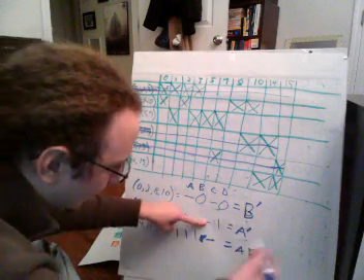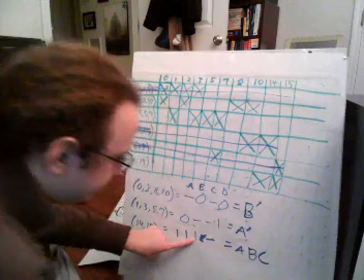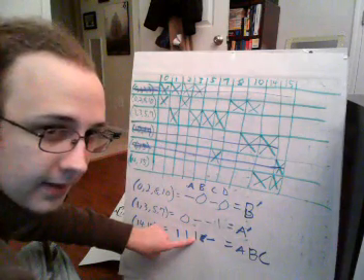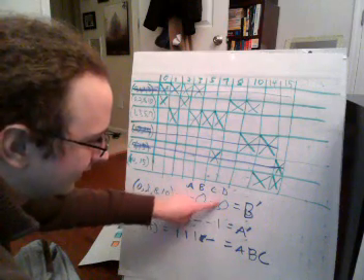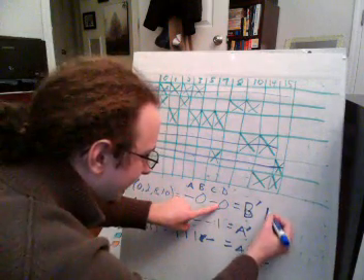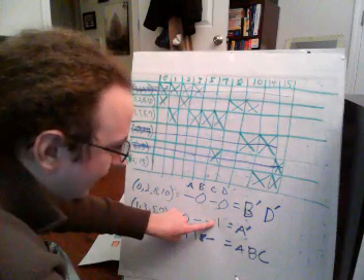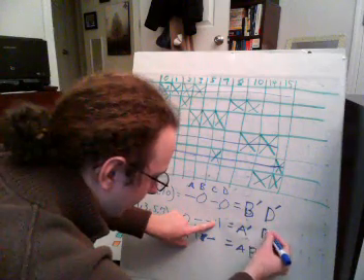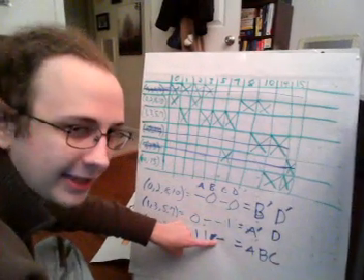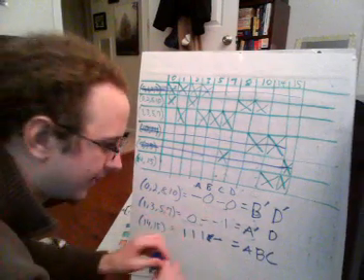A dash here, we're going to ignore it. And then the last one, it's a C. And finally, we have a 0 in the D column here, so that is a D naught. Here we have a 1 in the D column, so that is a D. And a dash in the final D column, and that is going to be ignored.